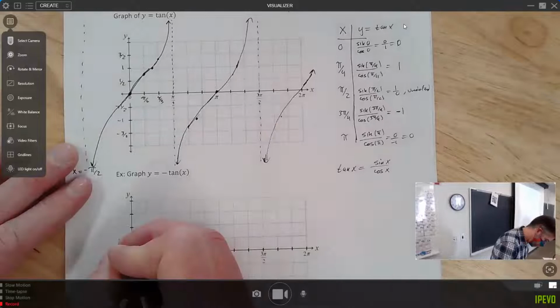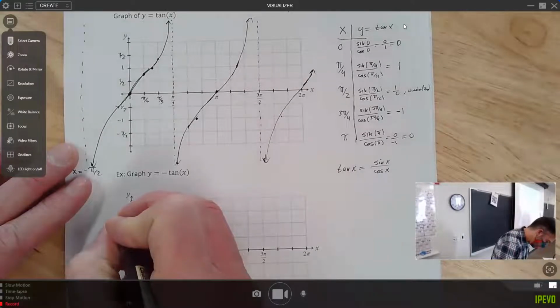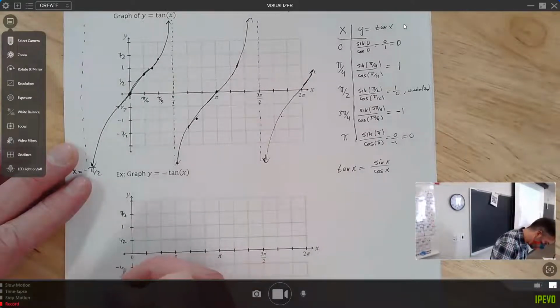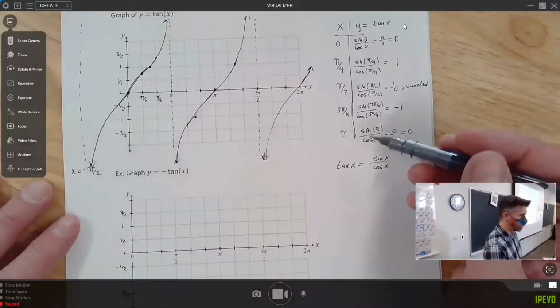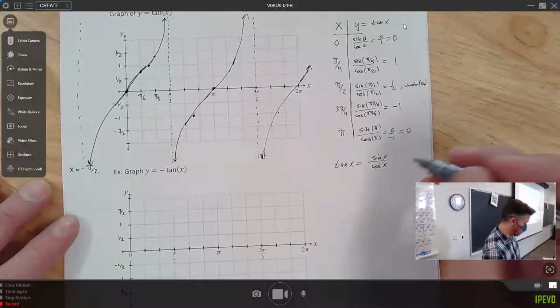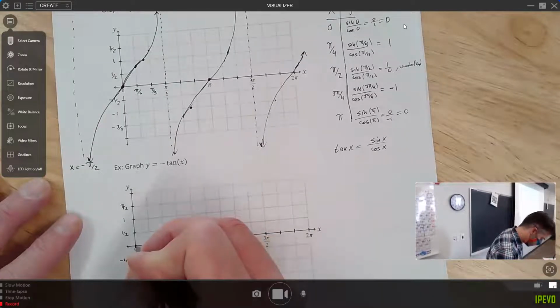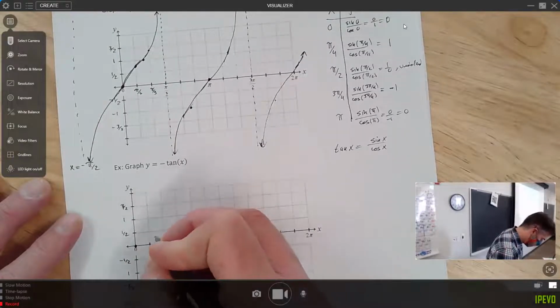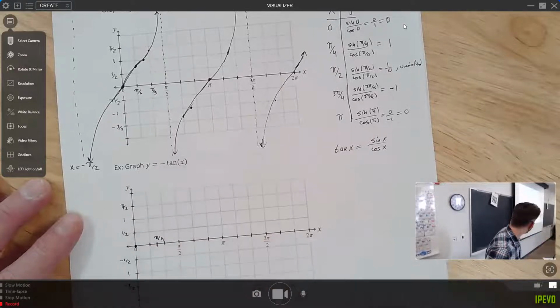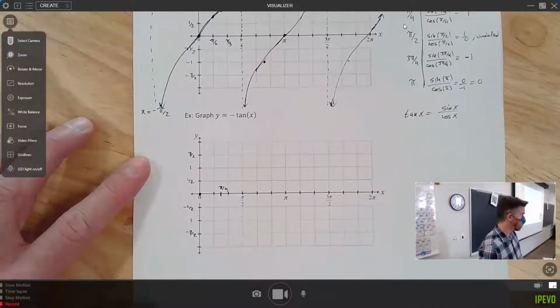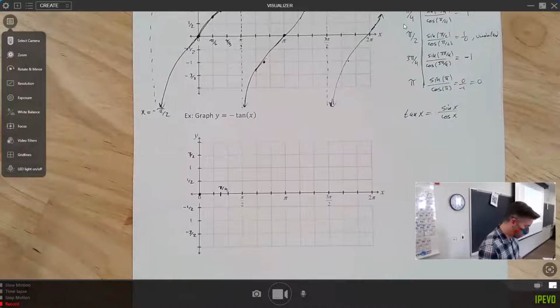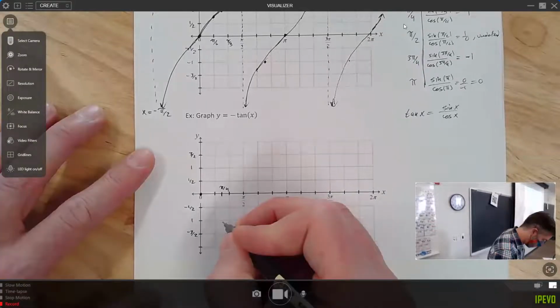I'm trying not to do all the work in the world, meaning I don't want to plot all these points. Tangent of 0 is 0. The next point is pi over 4. Tangent of pi over 4 would be 1. Negative tangent of pi over 4 is going to be negative 1.